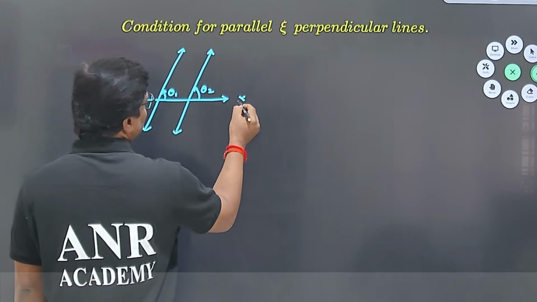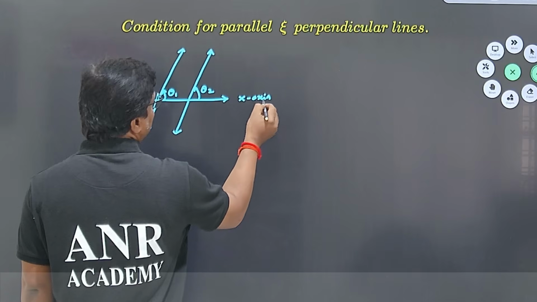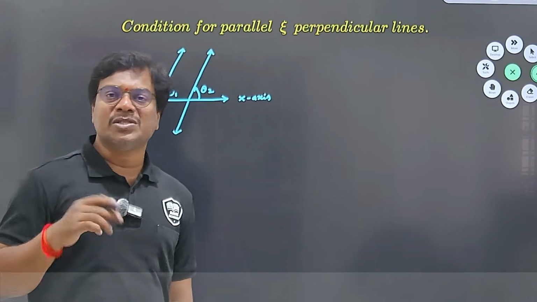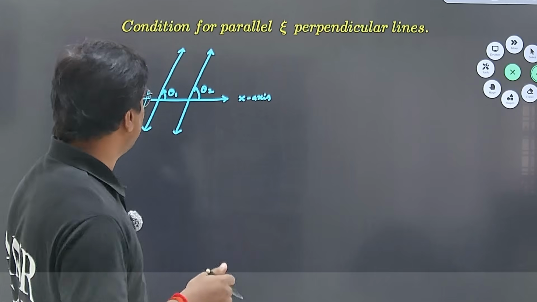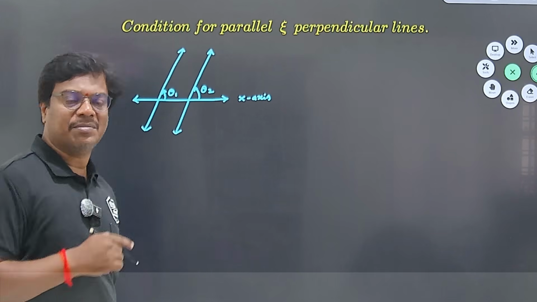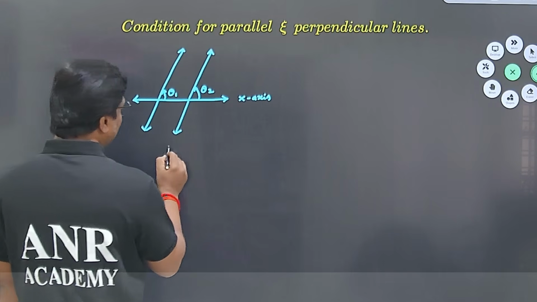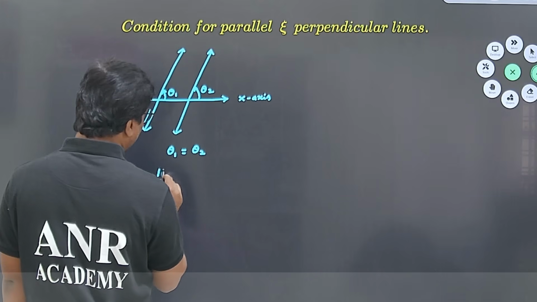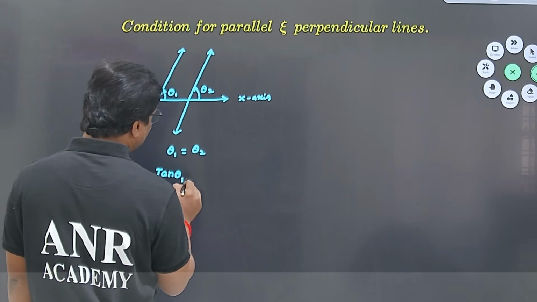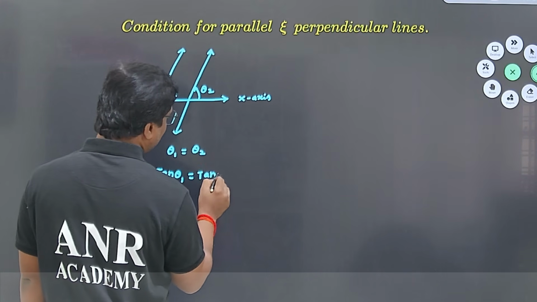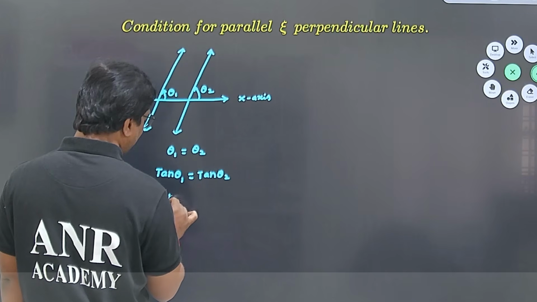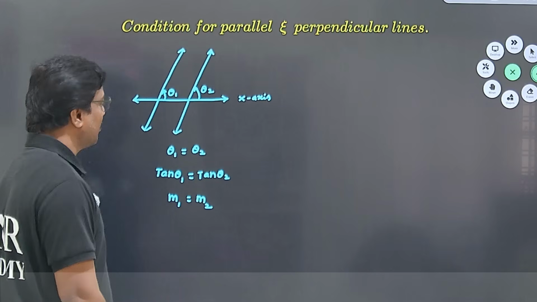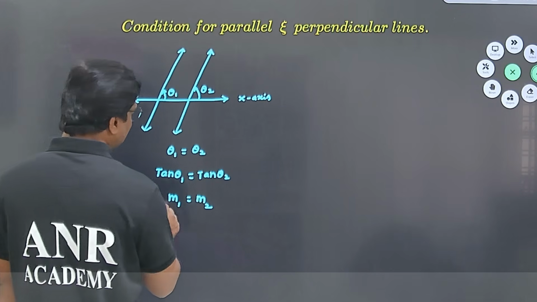Suppose this is positive x-axis. When the two lines are parallel, angle made by these two lines with the positive direction of x-axis in the counterclockwise sense is same, so I can write theta 1 equal to theta 2, applying tangent on both sides, tan theta 1 equal to tan theta 2. Therefore, you can write m1 equal to m2. This is in the real system.